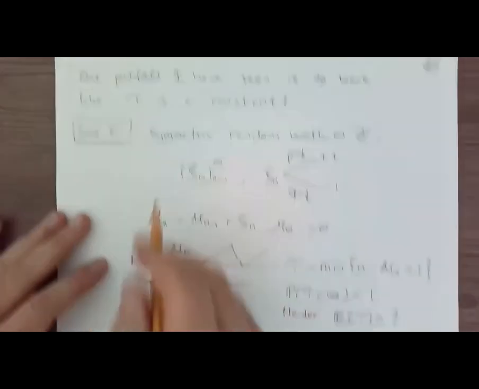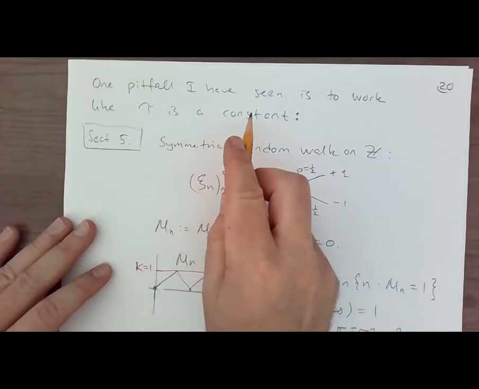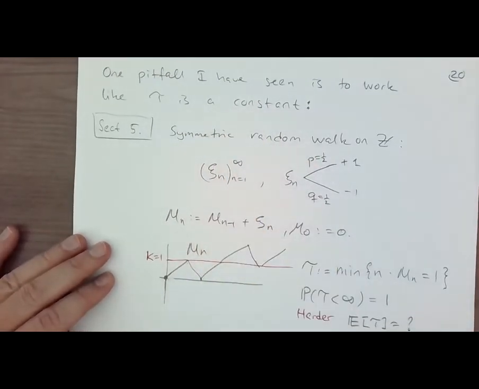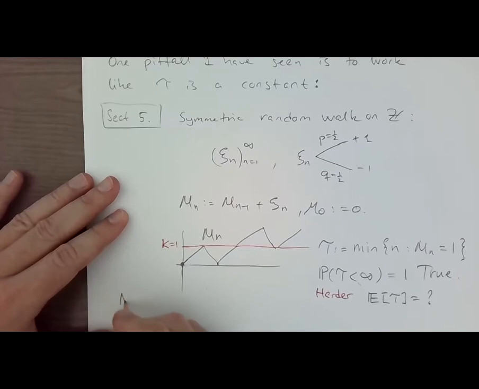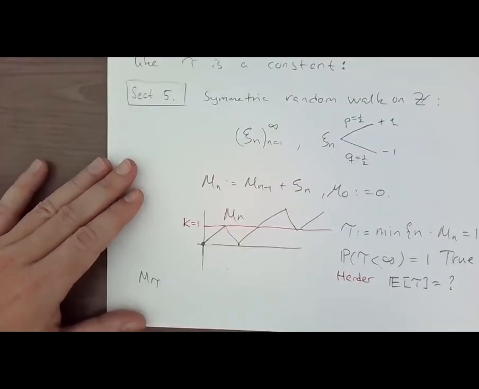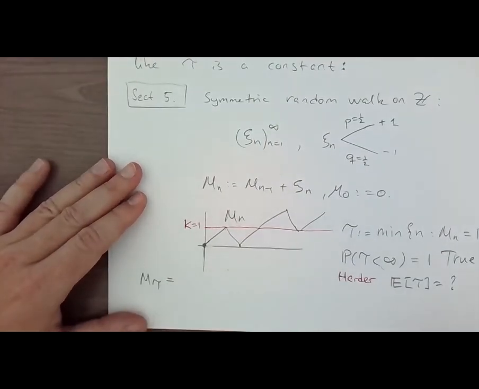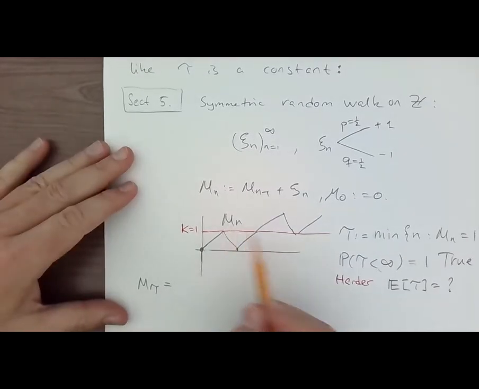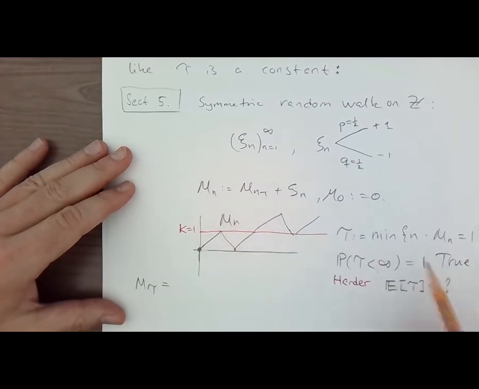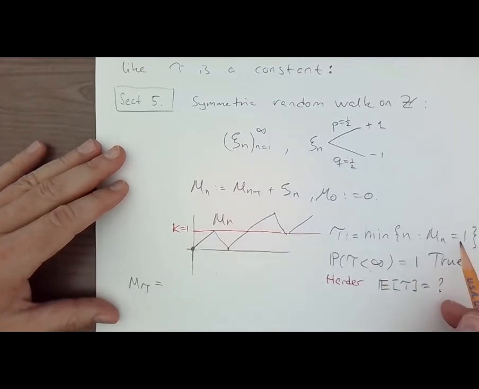But my point here is this thing about treating it as a constant. Given that this is really true, what is M_tau? What is the value of the process M at the first time when it reaches the level 1?